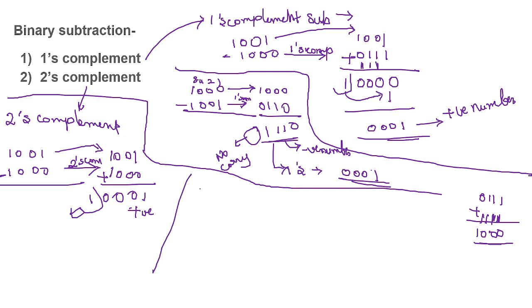So for the next example, if we take 1000 and then this one, now I have to perform 2's complement for this.